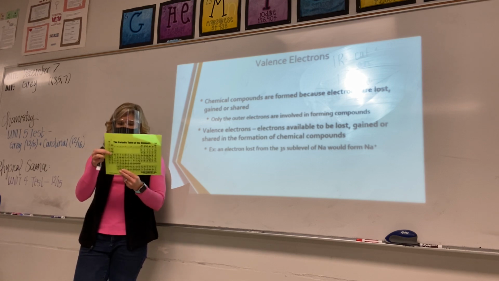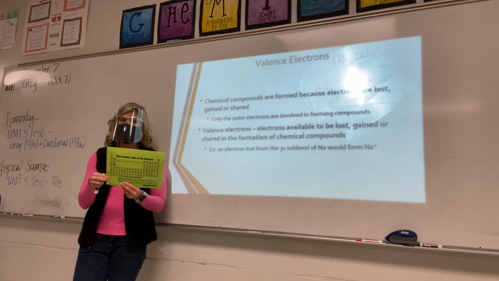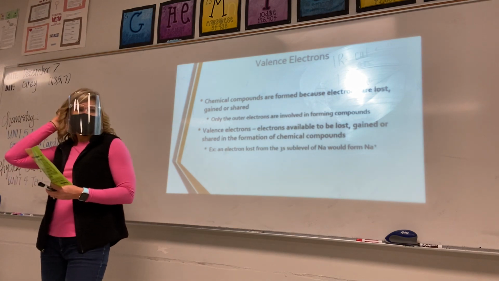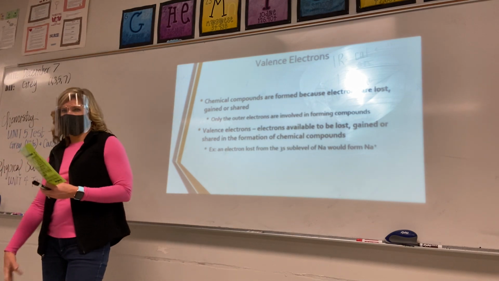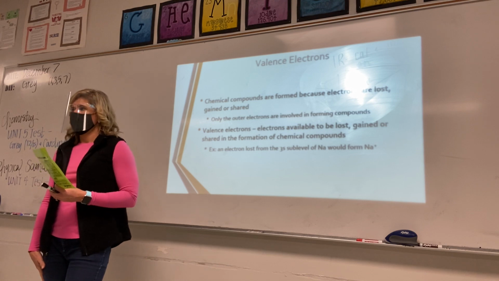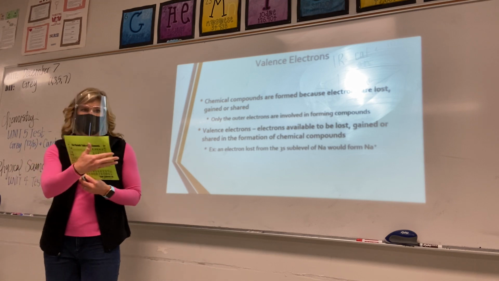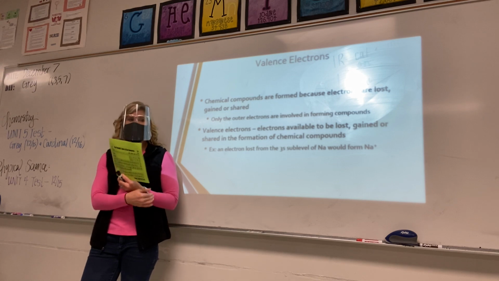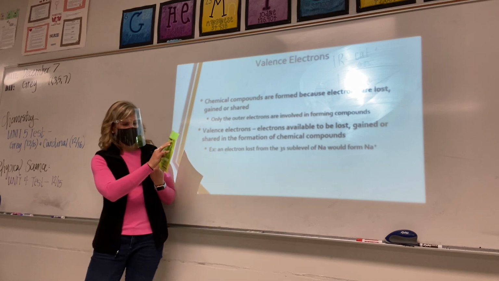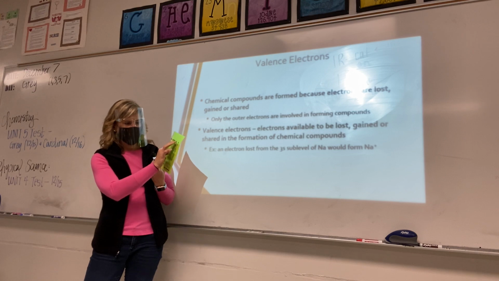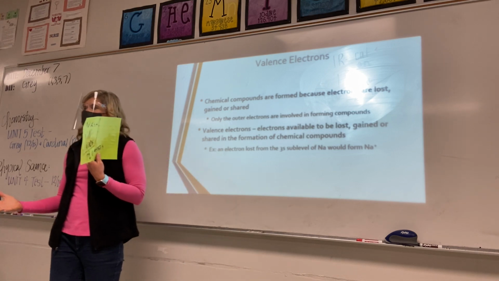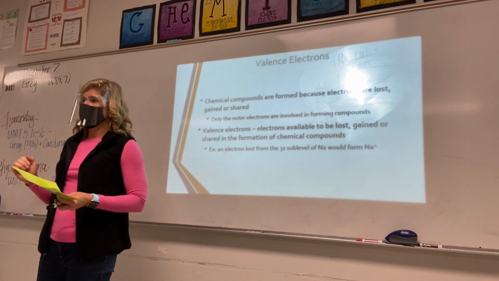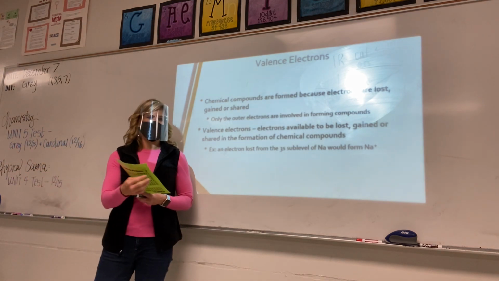If elements such as group 1 and 2 have very few valence electrons, it's easier for them to lose their electrons than to gain to become 8. The opposite is true of these groups over here closer to the noble gases, 16 and 17. They're so close, it's easier for them to gain 1 or 2 electrons in order to become a noble gas.